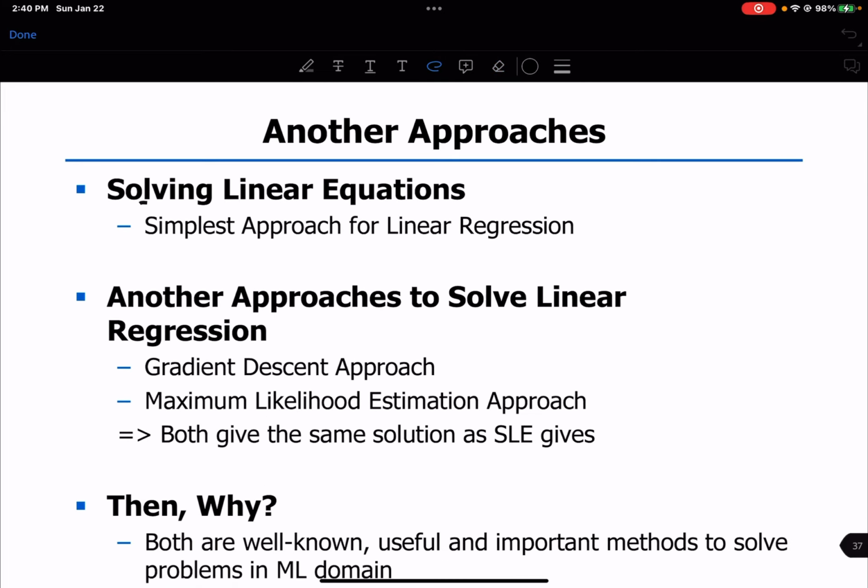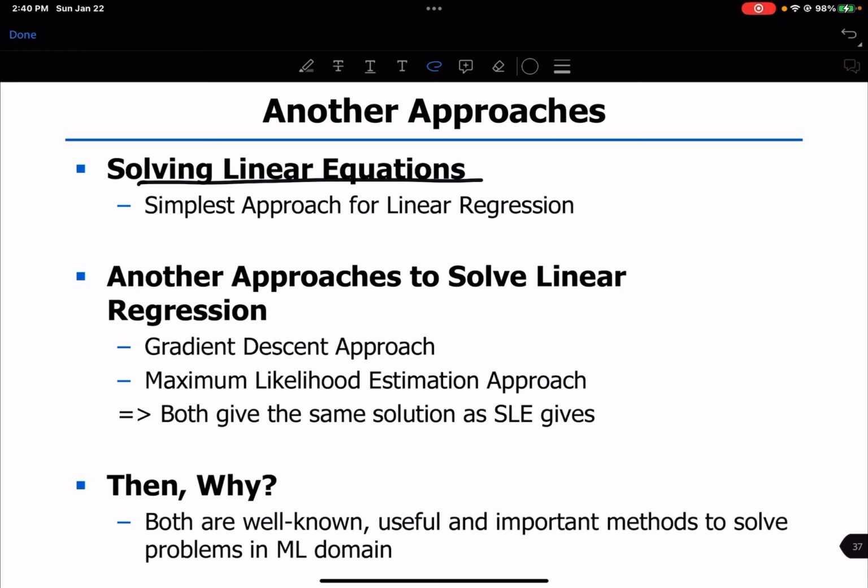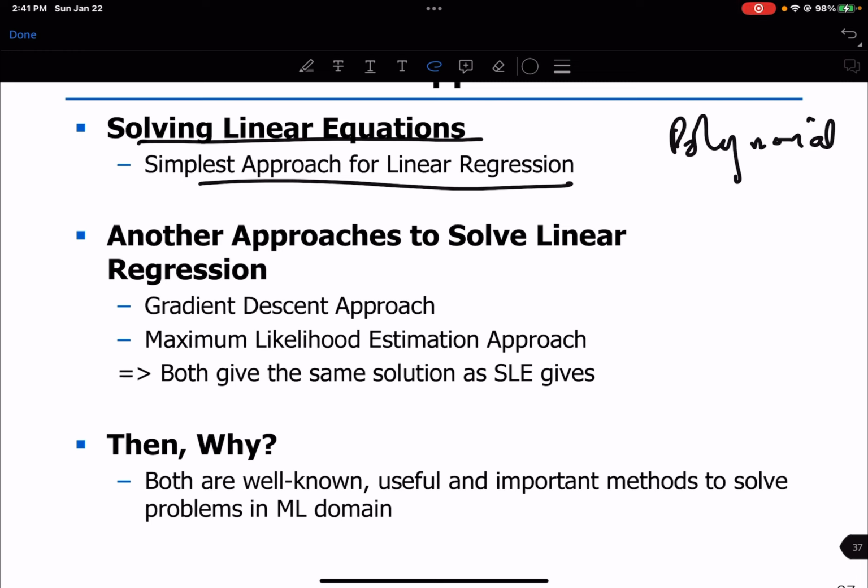So in this lecture, what we have studied is how we can have the simplest approach for linear regression. What is multiple regression? Then there are different approaches other than this. Then we studied the polynomial regression. Then we converted into a generalized form of linear regression.